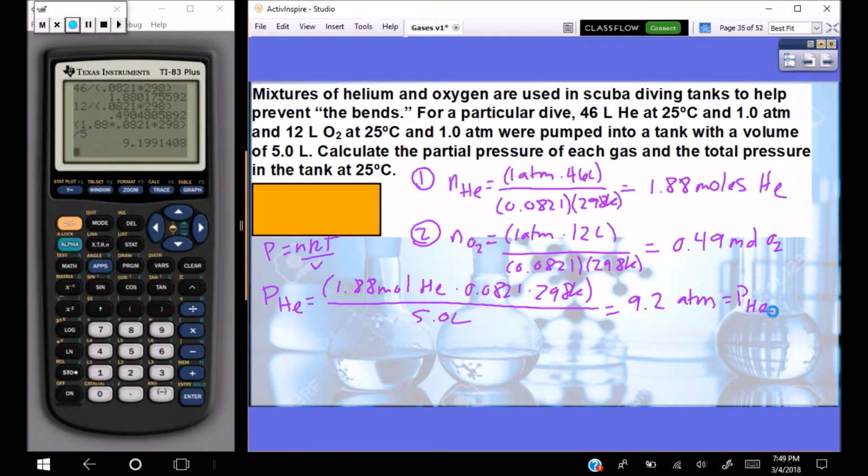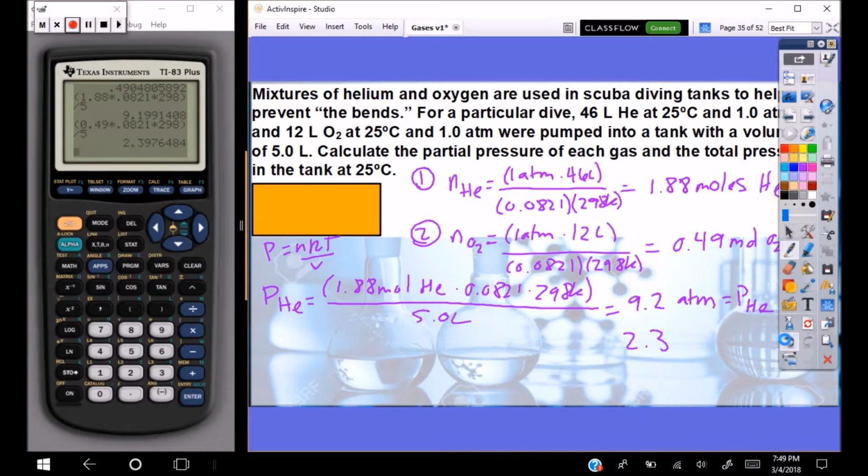And if I do that same calculation, but this time change my moles for oxygen, all right, then the pressure of oxygen is 2.397. I guess I could say 2.4. Right, 2.4 atmospheres for oxygen.